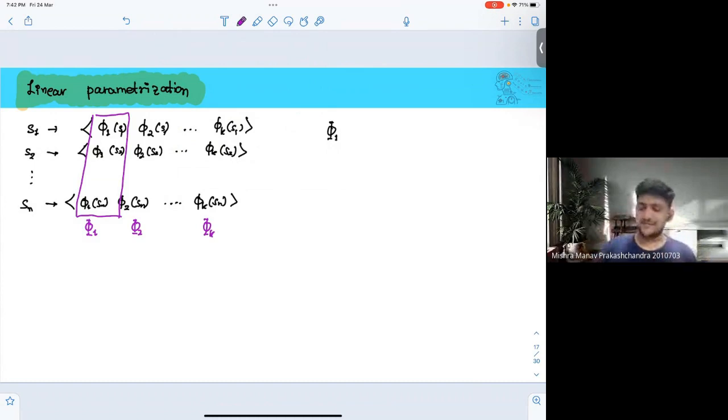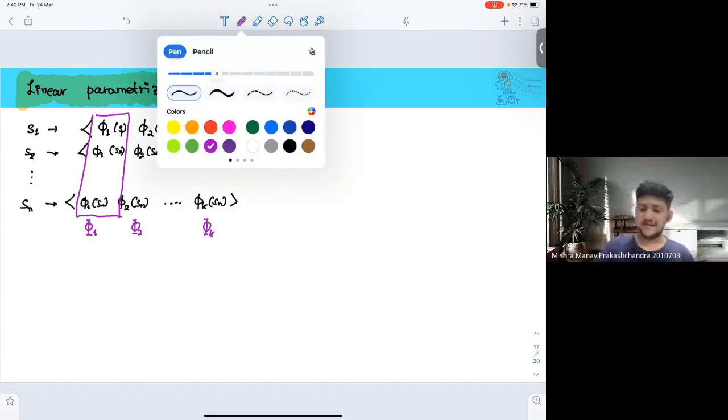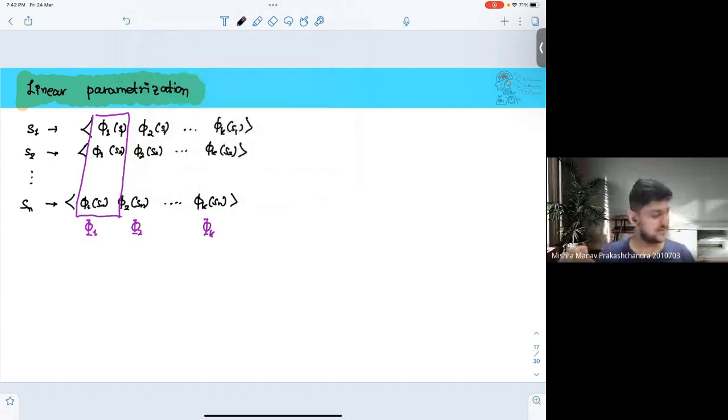So what my linear parameterization tells me is that the way I can approximate the value function is, so I need to have a good enough estimate of the value function, right?